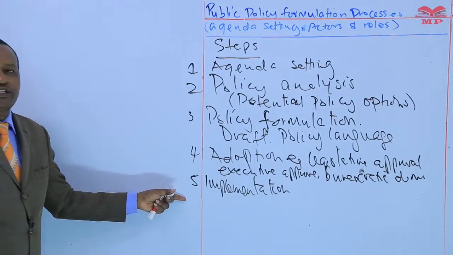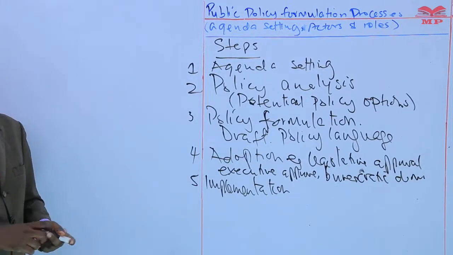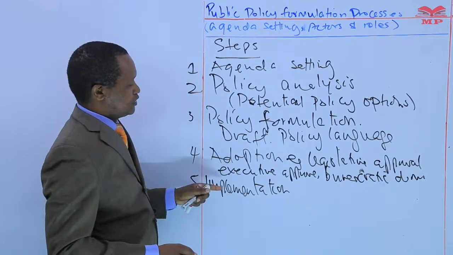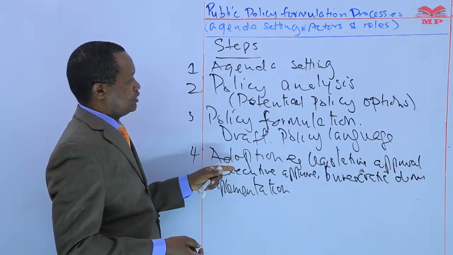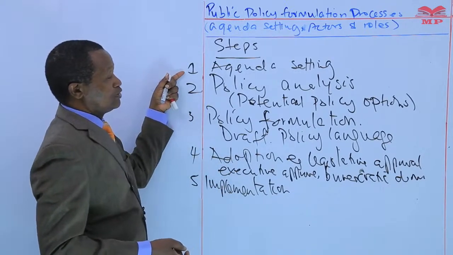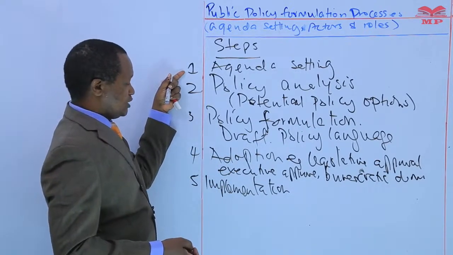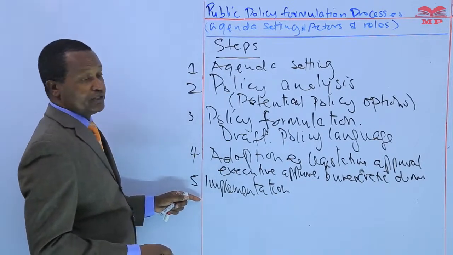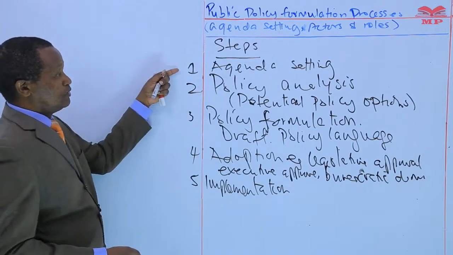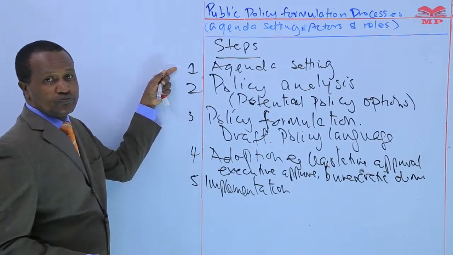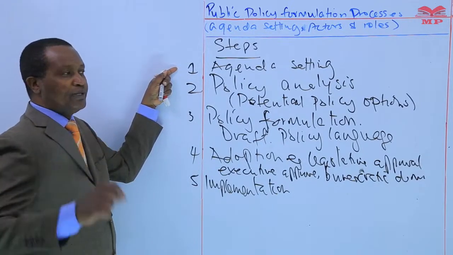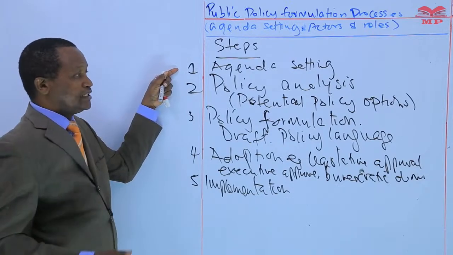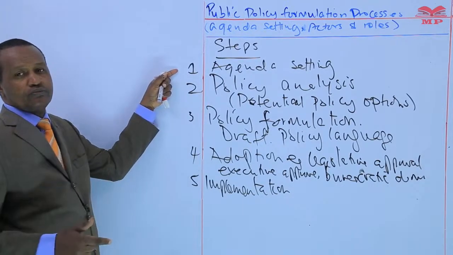After it has been adopted, it must be implemented in a way that achieves its intended objective. The purpose for adopting or developing a policy is so that it can address a problem that was raised in step number 1. When it comes to implementation, that policy has to be implemented in a way that solves the problem that it was intended to solve. It must be implemented in a way that achieves its intended objectives or goals.